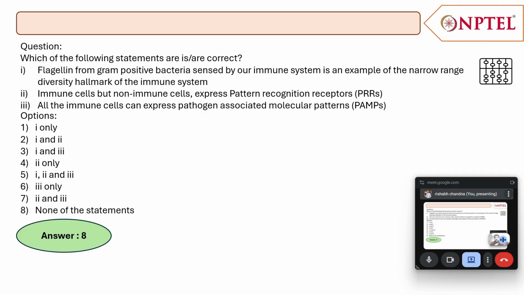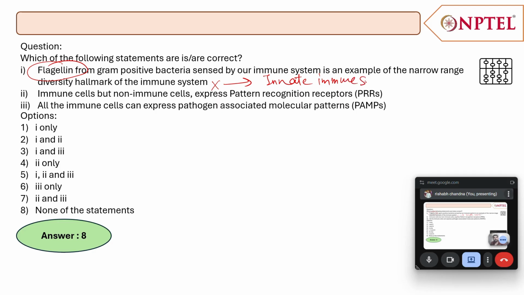That means none of the statements are correct. So let's see. Flagellum from gram positive bacteria is sensed by our immune system in a narrow range diversity, a hallmark of the immune system? No. Okay. So the flagellin is basically detected by the innate immune system.